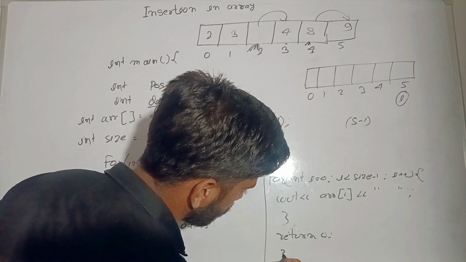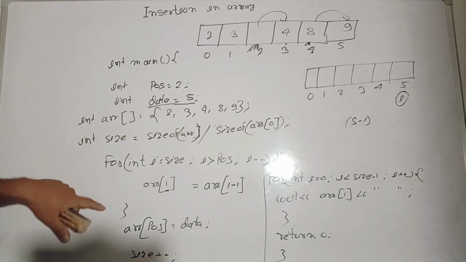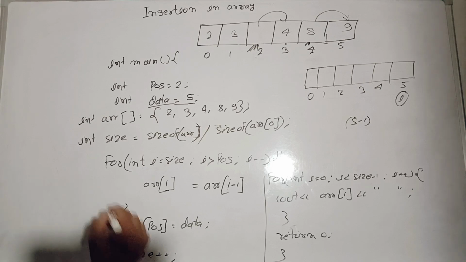Return 0. If we trace this code, then how can we do?